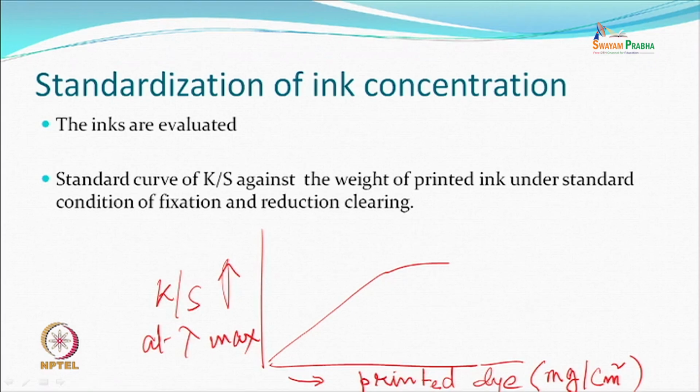After, let's say, you have kept it for 180 degrees, high pressure, high temperature steam, how much has the color gone down? If the same color goes down too much, obviously it will appear lighter. After reduction clearing, whatever changes take place on the surface will happen.